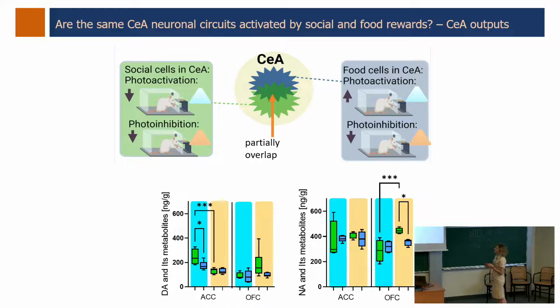We looked at different parts of the cortex and different subcortical structures. And actually we found the most profound differences between these groups in the anterior cingulate cortex and orbitofrontal cortex. This was interesting because, again, we had the changes in the cortices from which we started our experiments, not knowing that this difference exists.